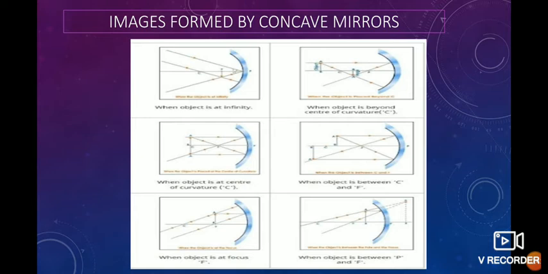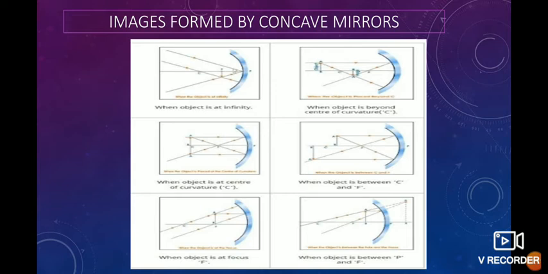Now let us understand the type of images formed by a concave mirror. So you can have the object placed at different distances from the concave mirror. In that case, you will have different images. But most of the time, the images formed by a concave mirror are real and inverted.